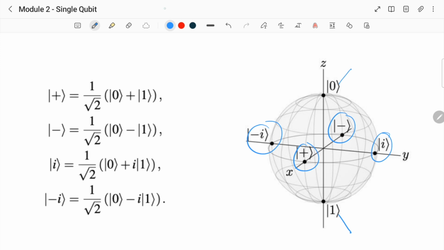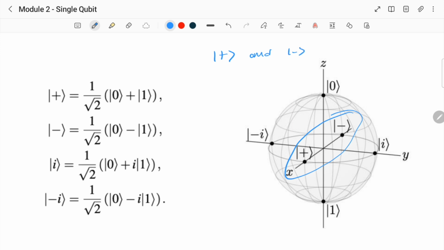Now let's discuss here for some more time. If we were to choose our basis of measurement as the x-axis instead of the z-axis, now all my states would be represented as a superposition of plus and minus. So for example, let's say I consider this superposition, plus, minus.